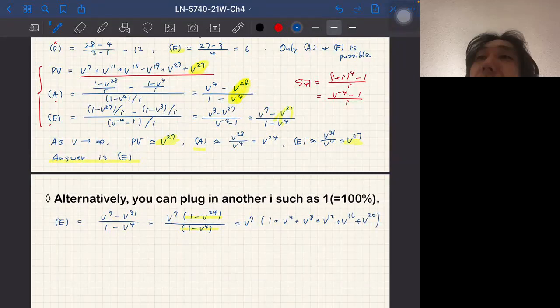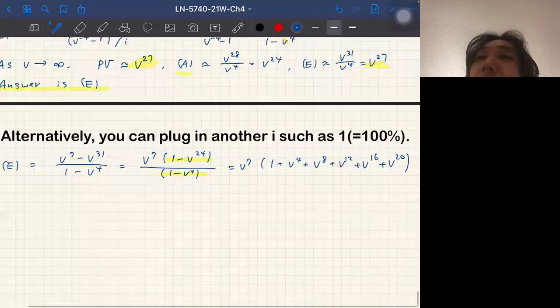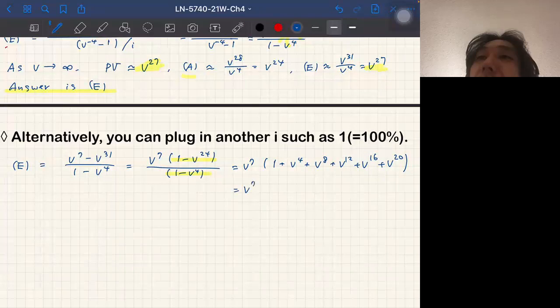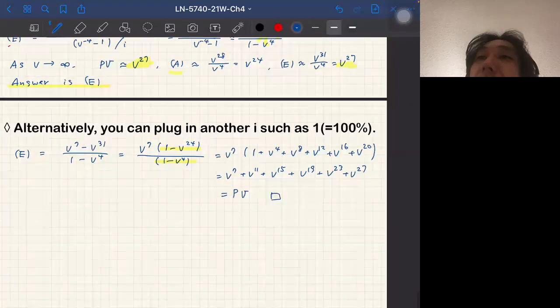So then this becomes v to the 7th power, 11th power, 15th power, 19th power, 23rd power, and 27th power. So this becomes PV. So we can analytically derive this one.